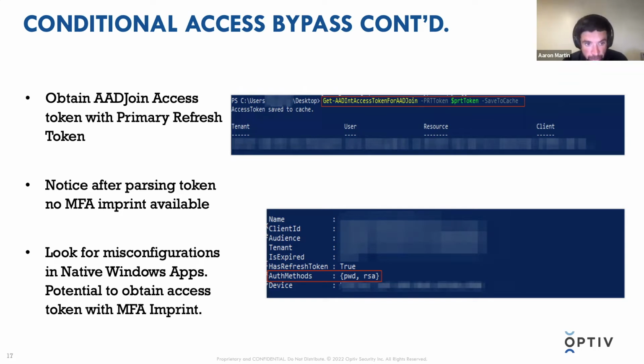In this case, you can see that PWD is just password, user credentials, and RSA would be an RSA token or something of the like. But what you really want there is an MFA imprint for that token. That lets those APIs know that that access token has access to any MFA restricted resources.